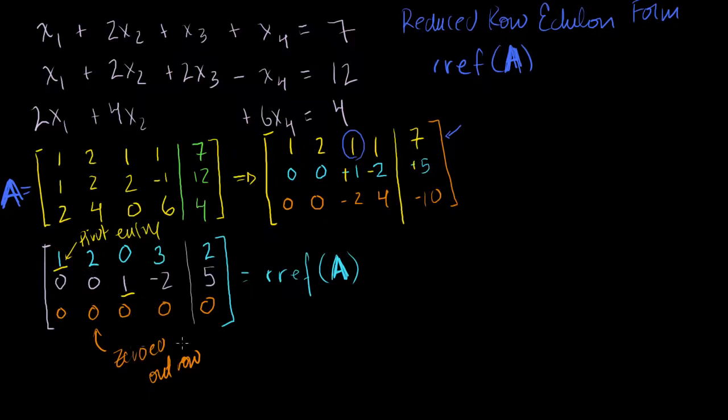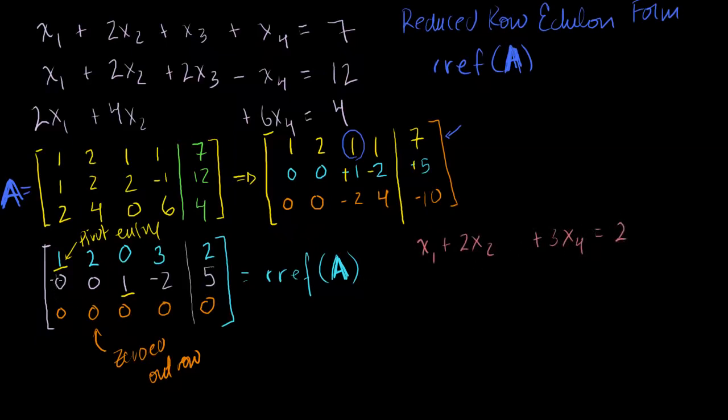Well, now I can go back from this world back to my linear equations, because we remember that these were the coefficients on x1, these were the coefficients on x2, these were the coefficients on x3, on x4, and then these were my constants out here. So I can rewrite this system of equations using my reduced row echelon form as x1 plus 2x2, there's no x3 there, plus 3x4 is equal to 2.